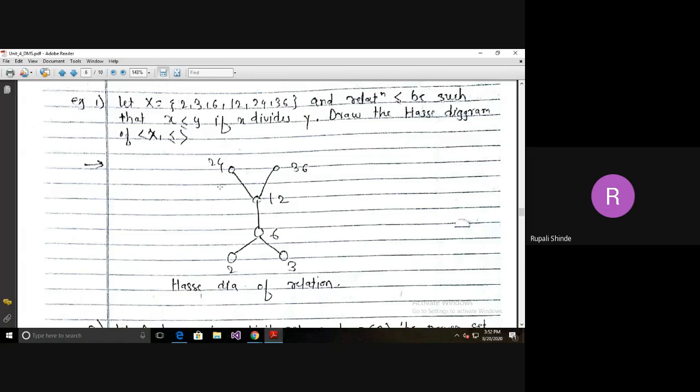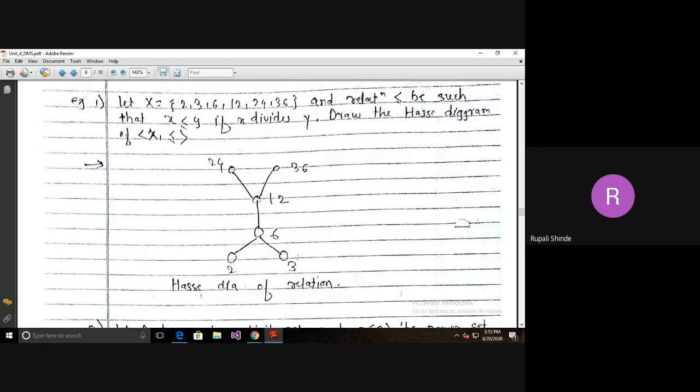Taking 2 and 3, can we place a direct line between these two elements 2 and 3? No, because 2 cannot divide 3. That's why we have to place these elements 2 and 3 at two different places. Now both 2 and 3 are elements that divide 6.